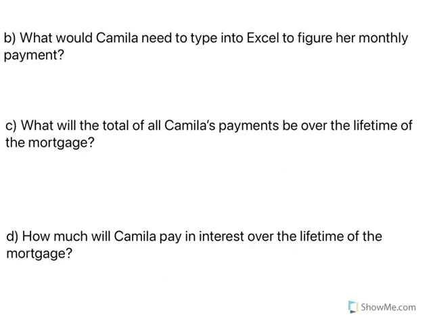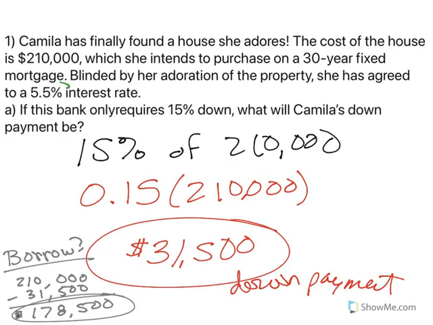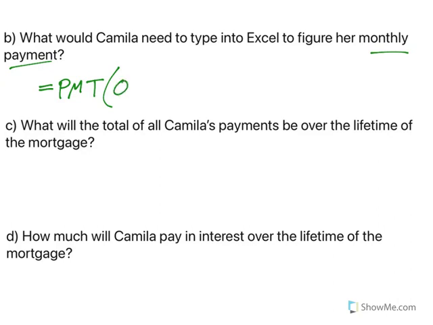What am I typing into Excel to find the monthly payment? Well, if I want to find the monthly payment, I'm going to use the PMT function. Let's recall, monthly interest rate, 5.5%, and it's 30 years. So I start with my interest rate, I divide by 12. It's a 30-year mortgage.